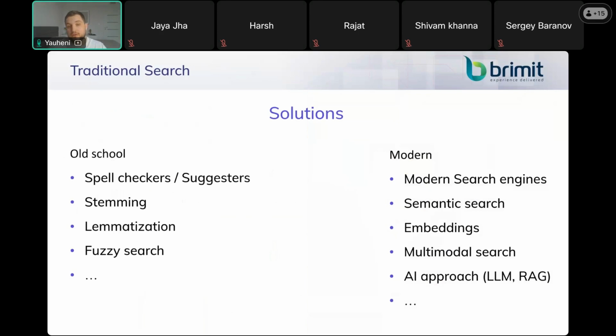It allows us to understand the meaning of a search phrase and even to get multimodal search, when the search engine can understand and find information in any format, for example, image or audio files.